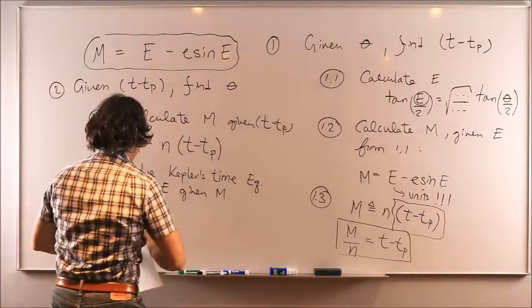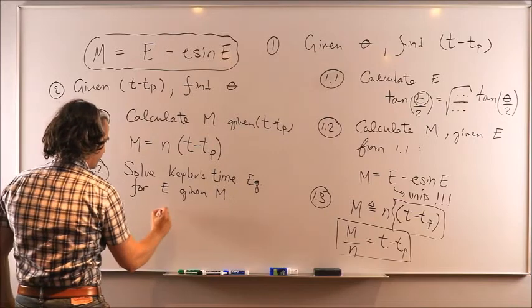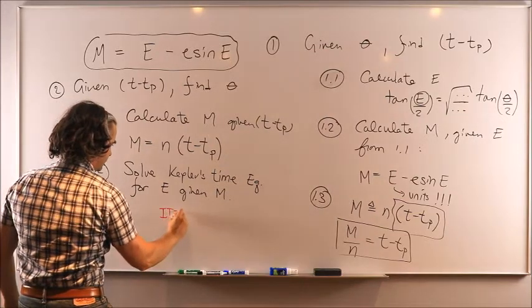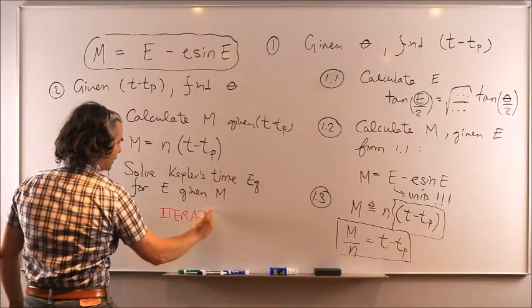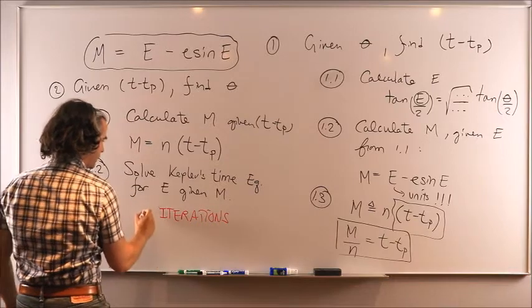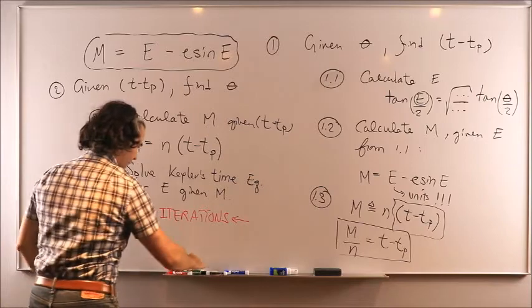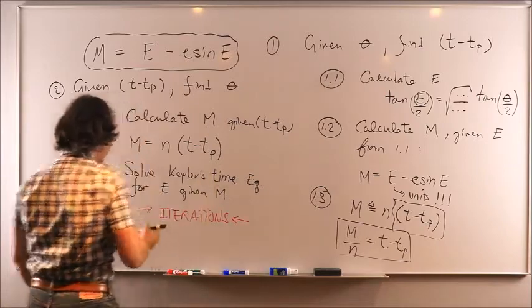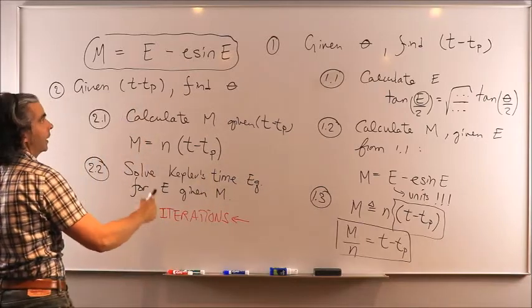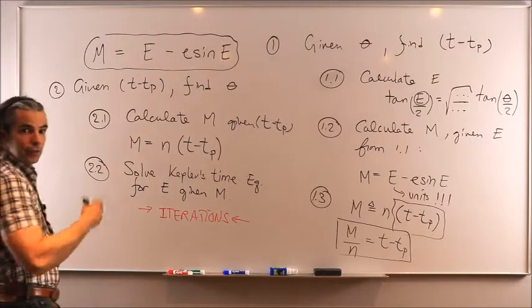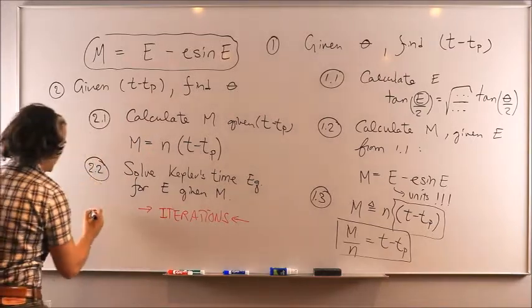So here I'm going to say iterations, because you have to iterate more than once. I'll show you the process right after. And then finally you obtain your eccentric anomaly after X number of iterations.